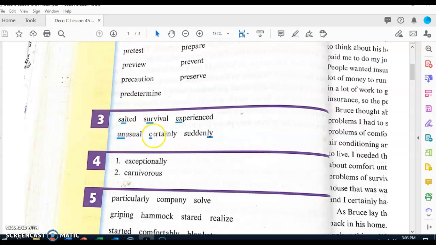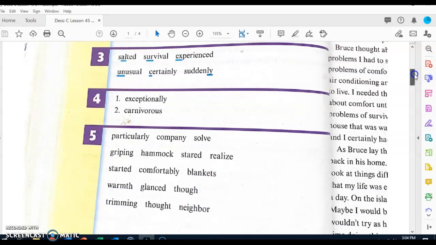Experienced. Next word. What's the underlined part? Un. What word? Unusual. Next word. What's the underlined part? What word? Certainly. Next word. What's the underlined part? Ly. What word? Suddenly.